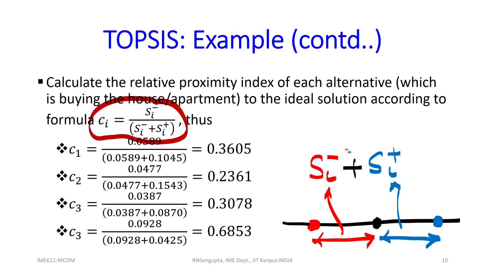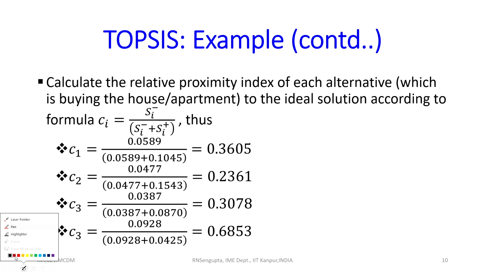So, I have in the negative concept the ranking as this, the relative ranking. In ratio-wise terms, C1, which is for alternative 1, is about 0.23, 0.30 for C3 and 0.68 for the last one.